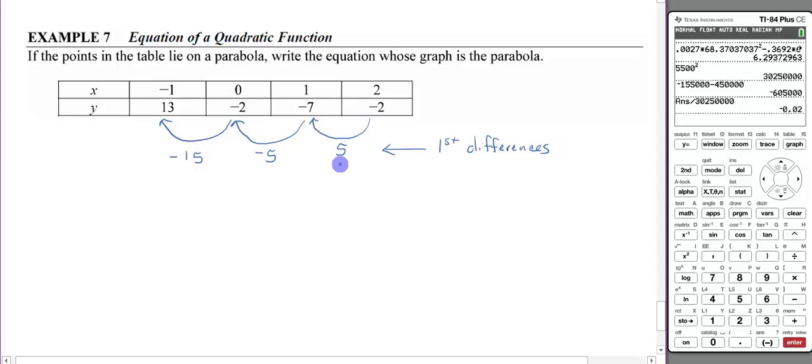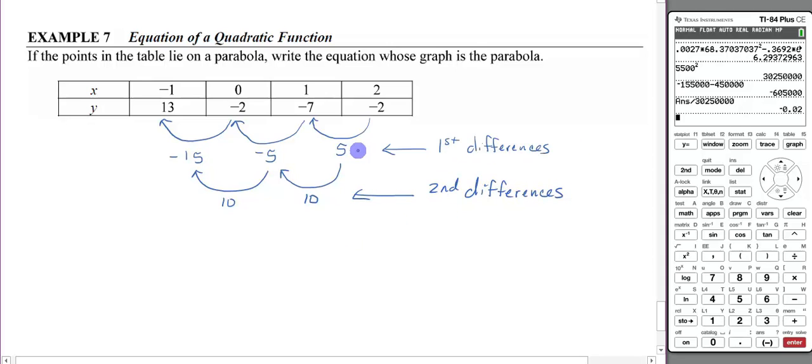And then if we take this and subtract the one before it, it'd be 5 minus a -5, so that's 5 plus 5 is 10. And then -5 minus a -15, or in other words, -5 plus 15 is a positive 10. You noticed that the second differences are constant.